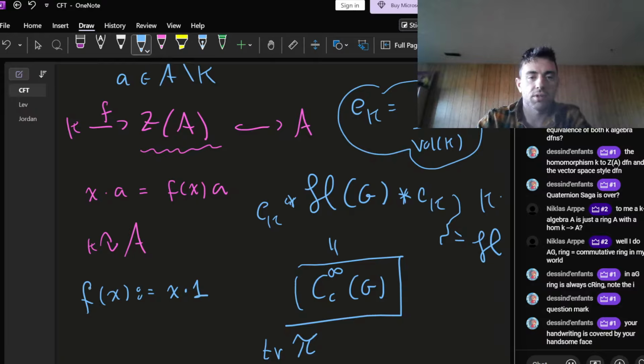That skips steps and looks like nonsense. What, this statement? Okay, so let's go back and prove that then.